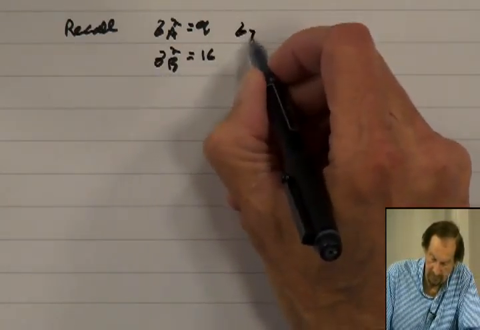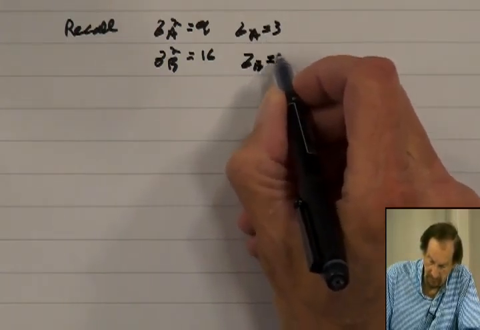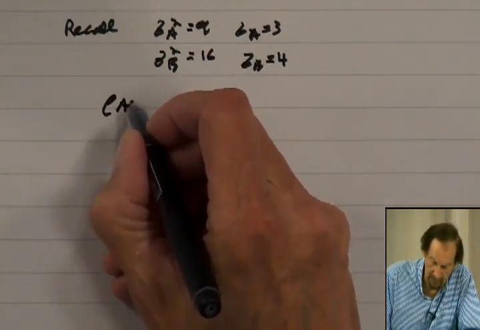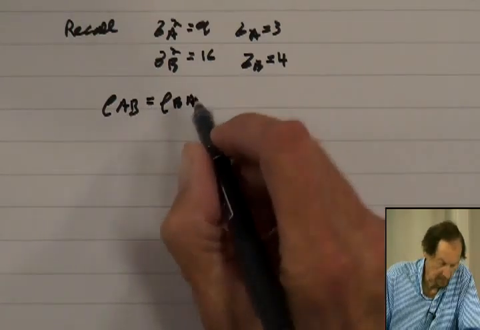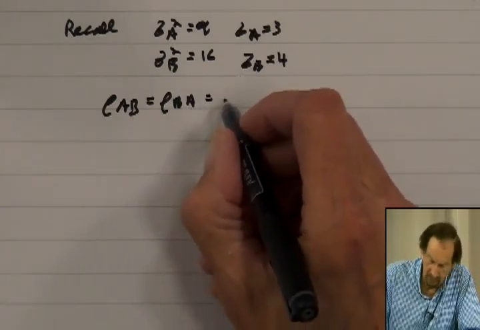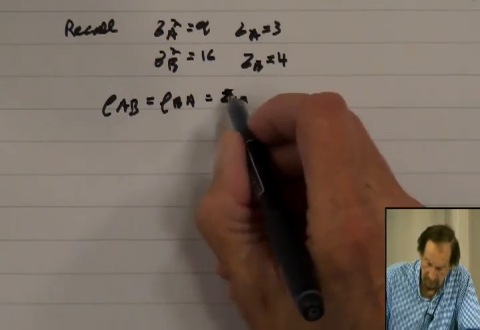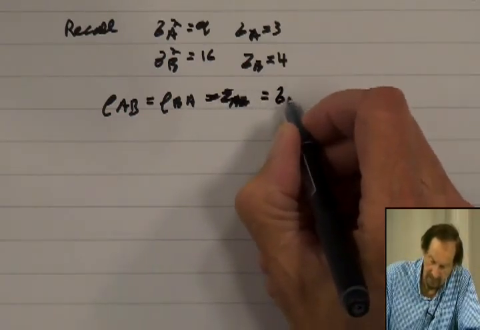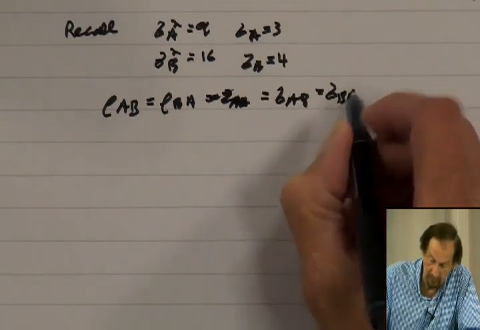Sigma A equals 3, sigma B equals 4, and we have rho AB equals rho BA equals 0, and sigma AB equals sigma BA equals 0, because now we're totally uncorrelated.